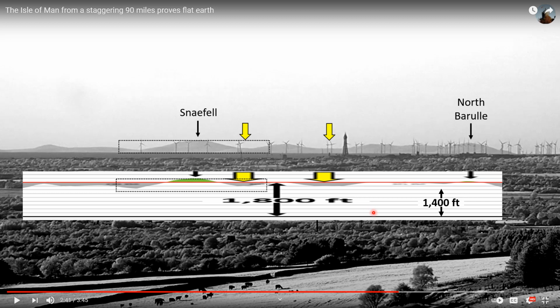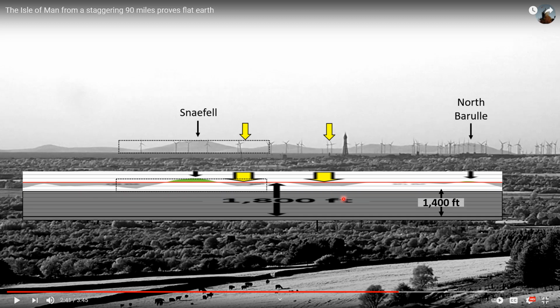Now again, these horizontal lines are at 200-foot increments, so this would be 1,400 feet right here. So next I added this shaded area and I aligned it to the bottom of the box right here. And all of this should be visible on a flat Earth.